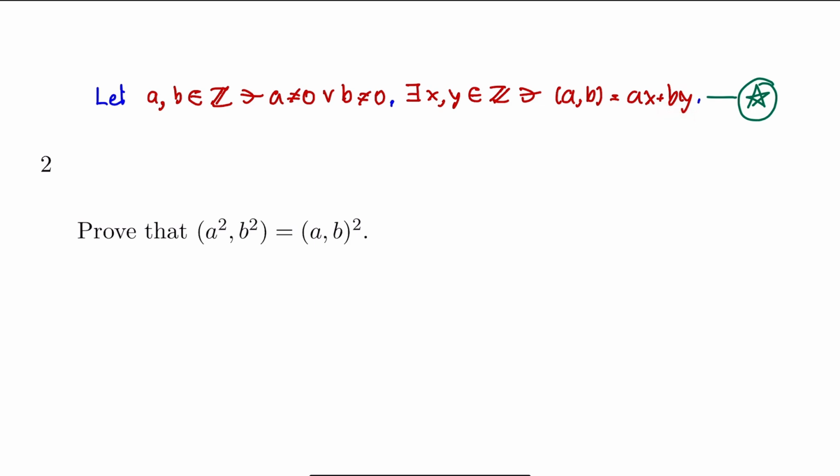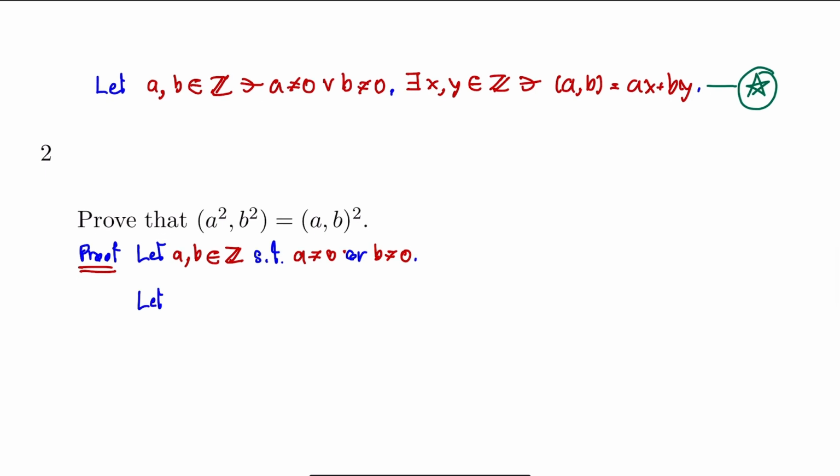Now let's prove this. To prove this, we first let a and b be integers such that a is not 0 or b is not 0.